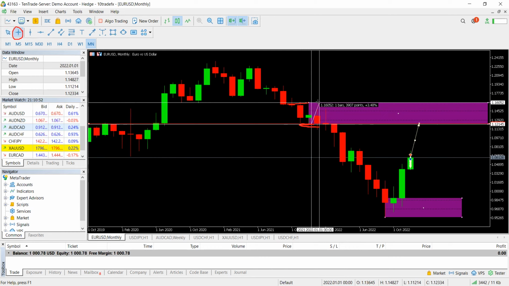So you see the value in points. You can see it, right? So over here, you can see 3907 points. So that is 3,907 points. Now, this value is given to you in points, not in pips. So all you have to do is very, very simple. Just divide it by 10, that's all. So when you divide it by 10, it will give you the value in pips.